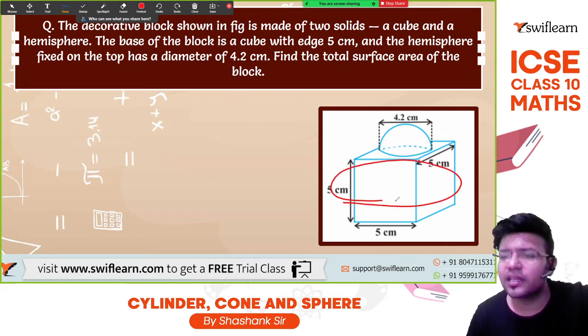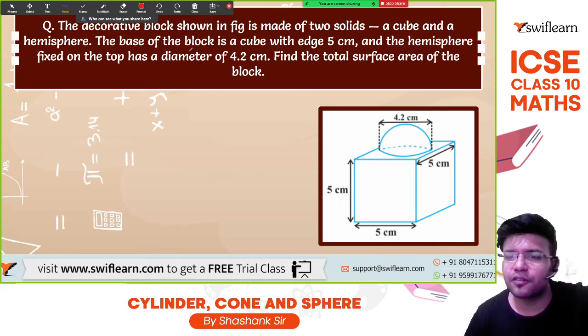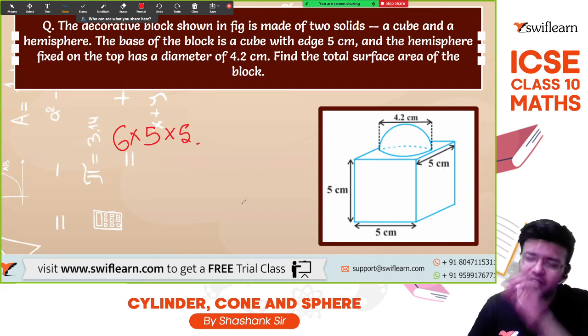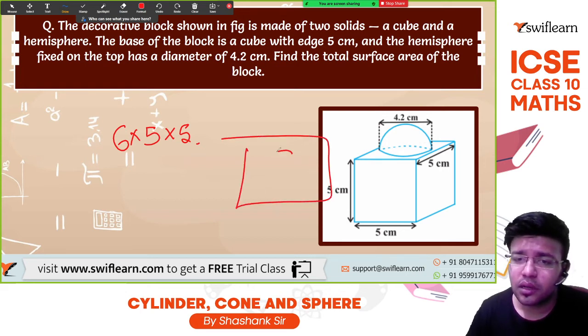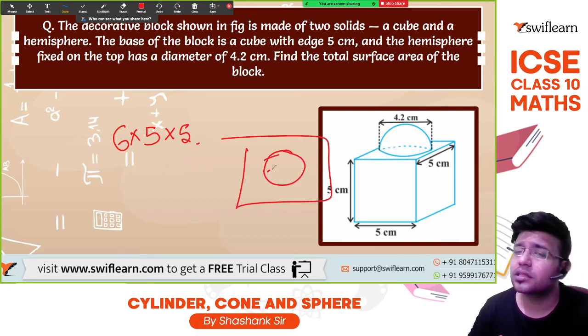Find the surface area of the block. How to find the surface area of the cube? It is 6a square, 6 into 5 into 5 will give you the surface area of the cube. But see here, on the top surface there is a hemisphere, so the circle is hidden.